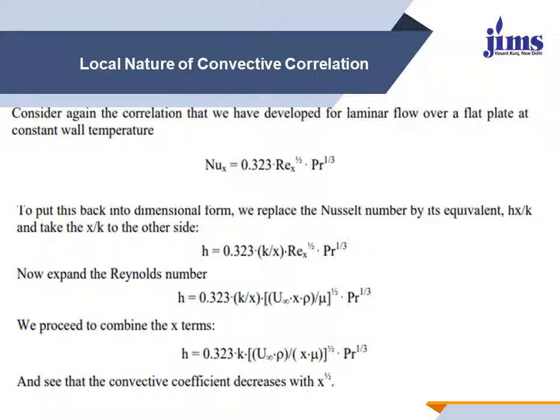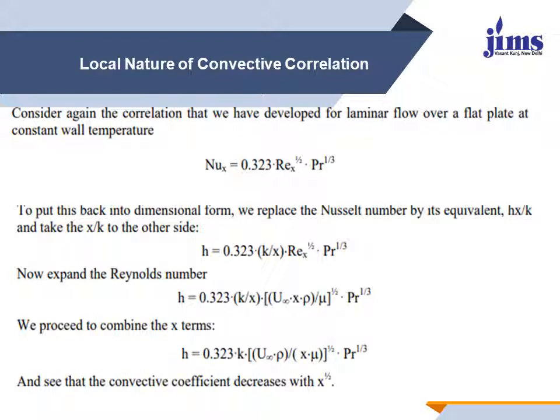Finally, h is equal to 0.323 multiplied by k by x multiplied by Re_x to the power 1 by 2, Prandtl to the power 1 by 3. Now putting the value of the Reynolds number in this equation, we get h is equal to 0.323 multiplied by k by x multiplied by u infinity x by rho divided by mu, whole to the power 1 by 2, and Prandtl to the power 1 by 3, where u infinity is the free stream velocity, rho is the density of the fluid, and mu is the dynamic viscosity of the fluid.